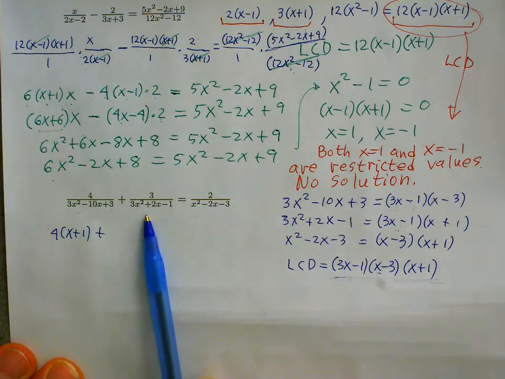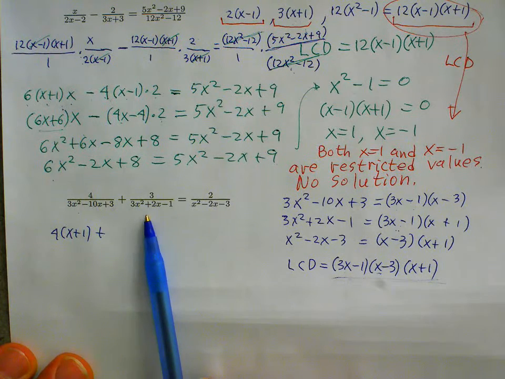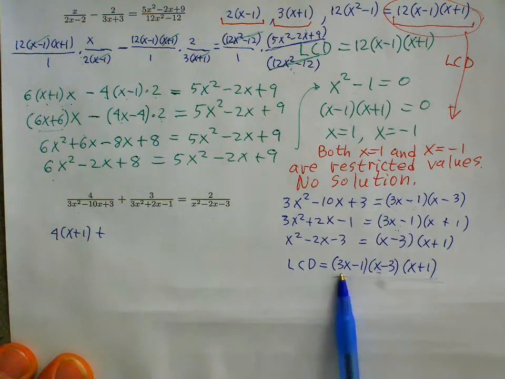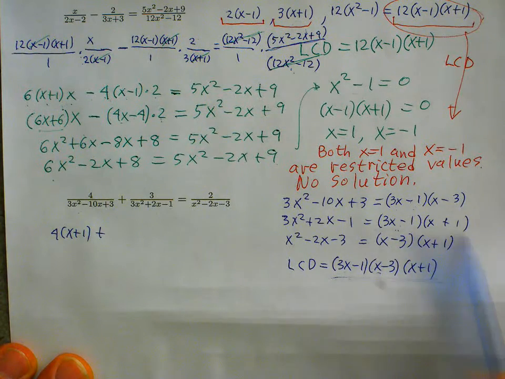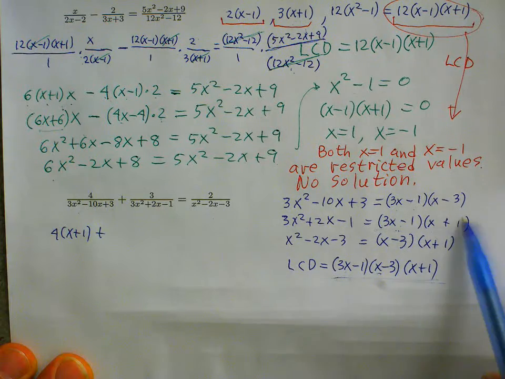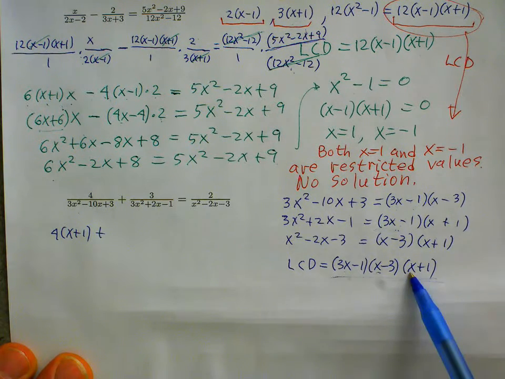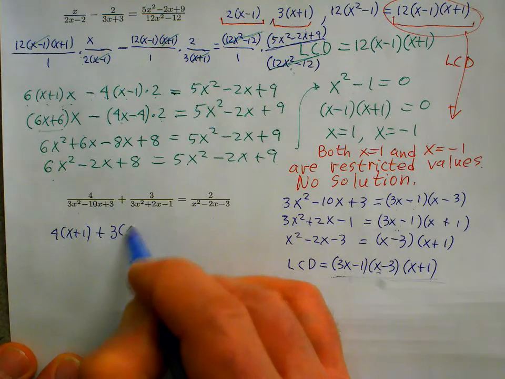In the next rational expression, when we multiply 3 over 3x squared plus 2x minus 1 by the least common denominator, the 3x minus 1 factors cancel and the x plus 1 factors cancel. And we're just left with plus 3 times x minus 3.